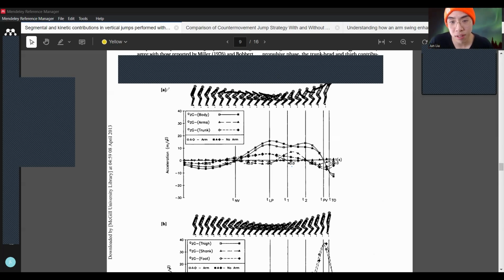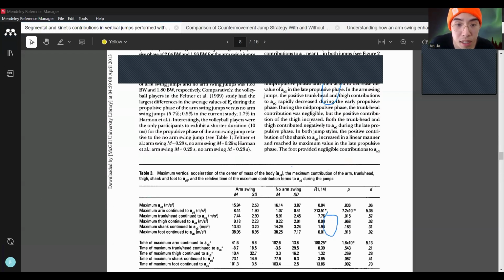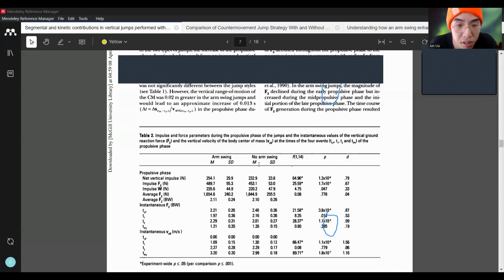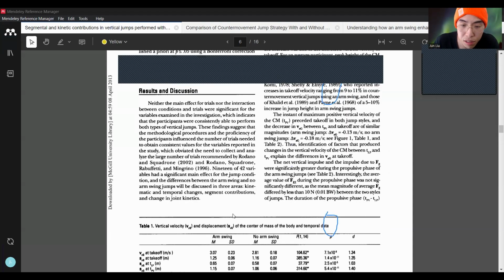Note that this is only in countermovement jumps. So it's comparing the extreme case of a lack of arm swing versus one that has a full arm swing. Let's see how much the difference in jump height is in this scenario. Okay, so let's scroll. Where is it? Vertical velocity, I mean, this is fine.